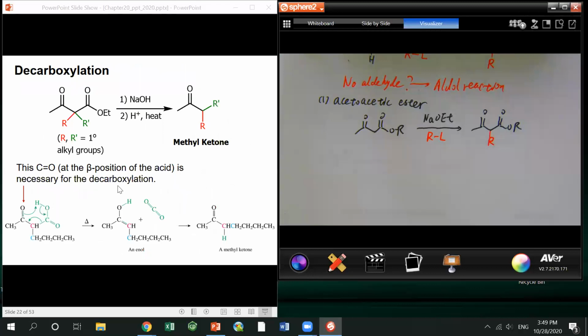And actually, the coolest thing about this reaction is that you can do the decarboxylation. So after the reaction, you do a second step.